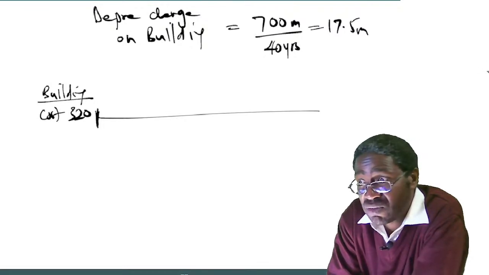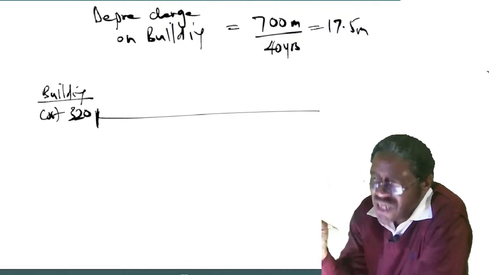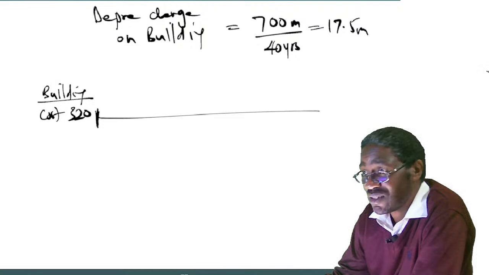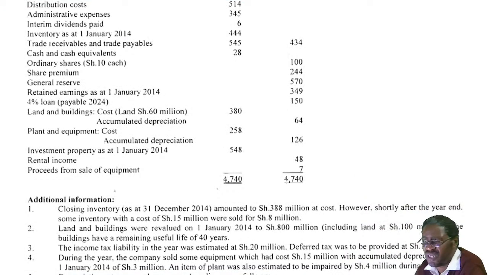Listen to this now. The examiner wanted you not to forget that by the beginning of the year, that building had an accumulated depreciation of how much? 320 was the cost. Below that, I can see accumulated depreciation of how much? 64.